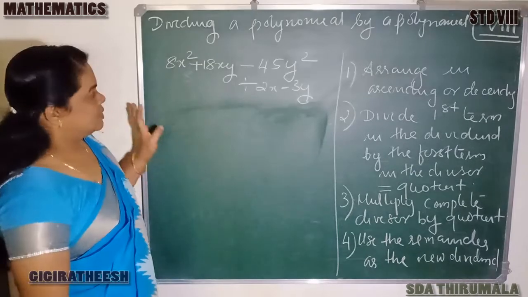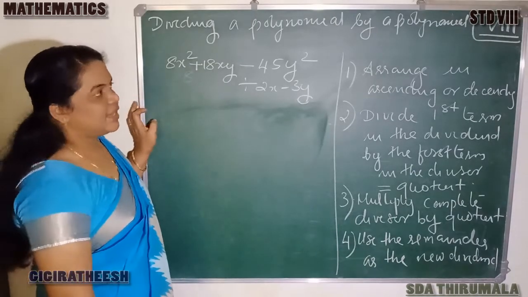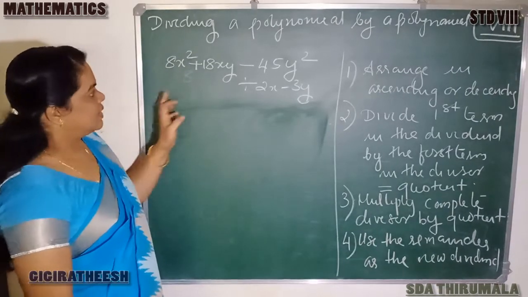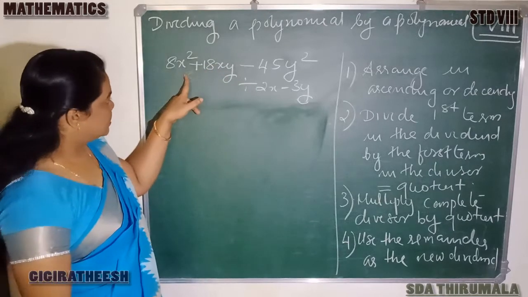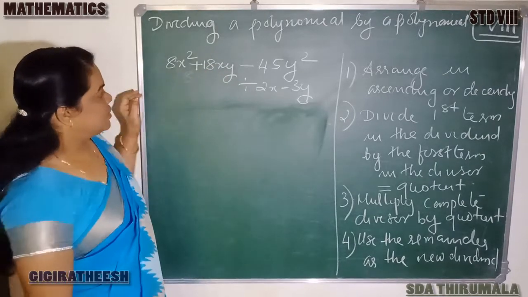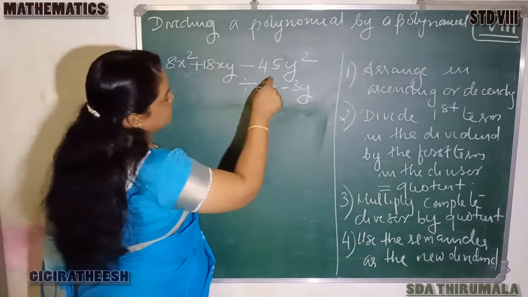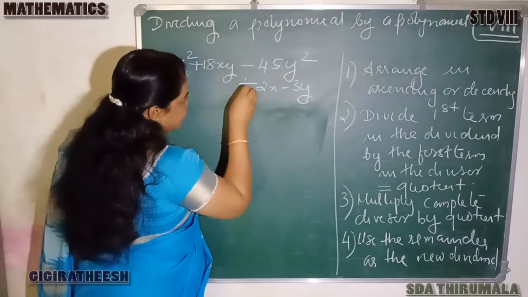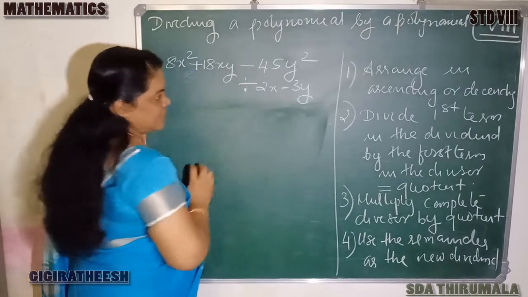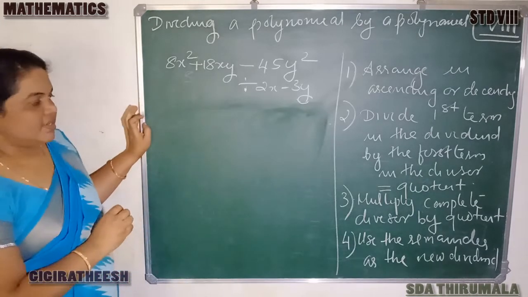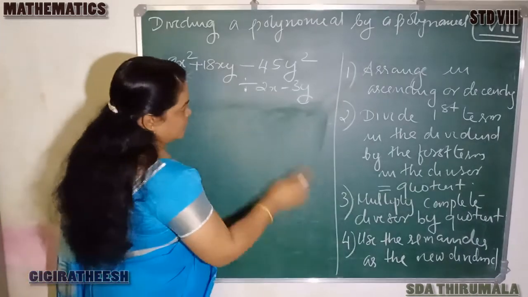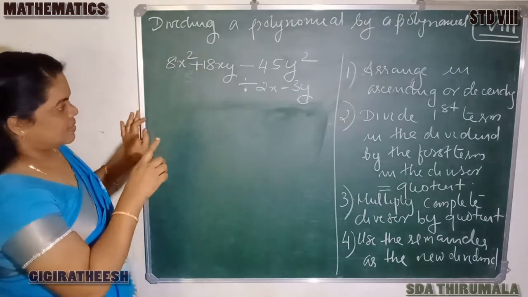Here, the third method, that is dividing a polynomial by a polynomial. This is a polynomial with three terms, 8x square plus 18xy minus 45y square, divided by 2x minus 3y. There are some steps to find the answer of this.